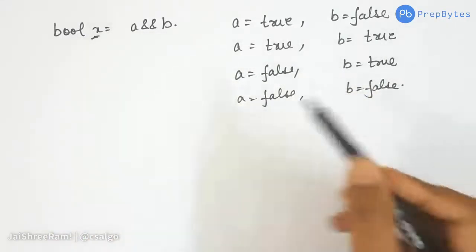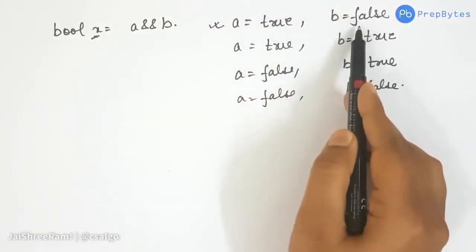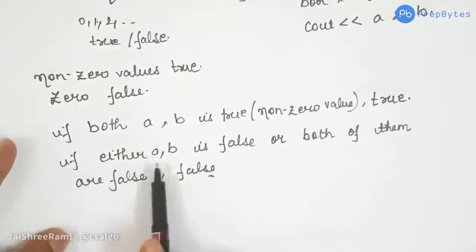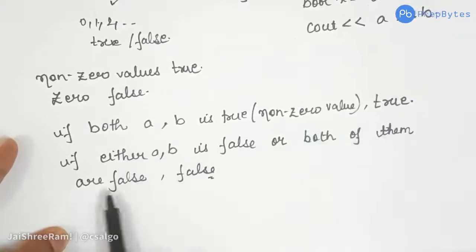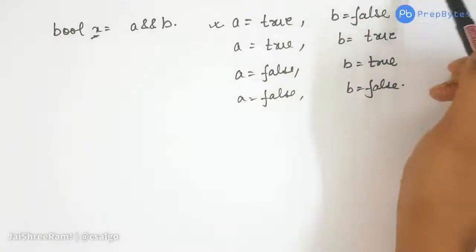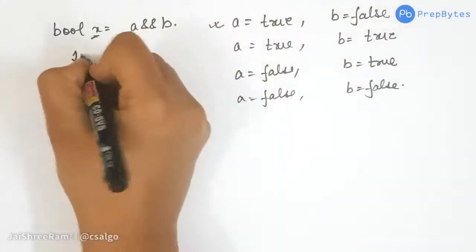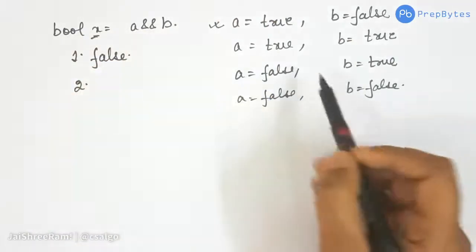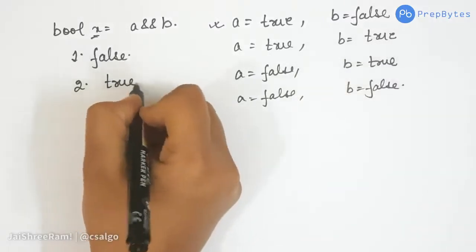So if we try to find what the value of x will be for these values of A and B: for the first, A is true and B is false, and we have seen that if either A or B is false, or both of them are false, the result is false. Here B is false, so for the first case my answer will be false. For the second case, both are true, so the answer will be true.